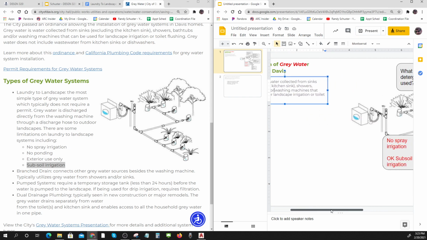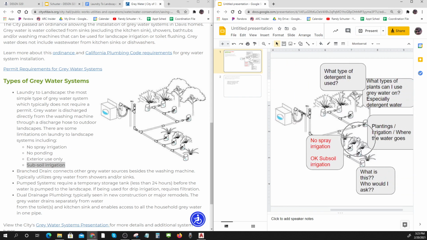Now, you may already know what you want to do. You may know you want to look at what plants can use detergent water, or you may want to figure out what these are, or you may want to know what slope your irrigation piping needs to be run at and how you trench it and what you have to do for backfill and top fill and sheathing and things like that.